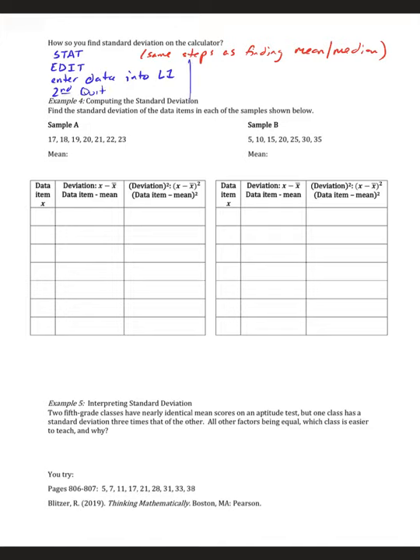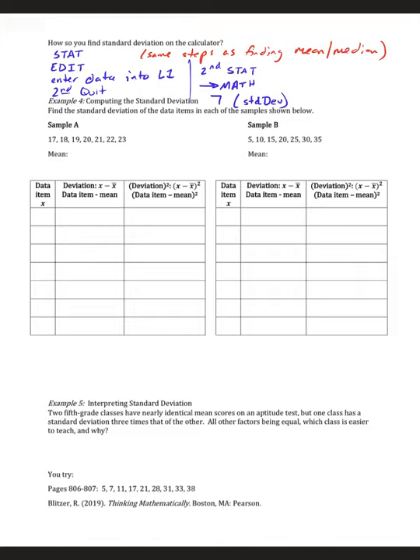Then after we do that, we have to hit second stat. And then you want to go over to the right to the math. And then once you're there, you want to go down to number 7, which is labeled as STD DEV for standard deviation.